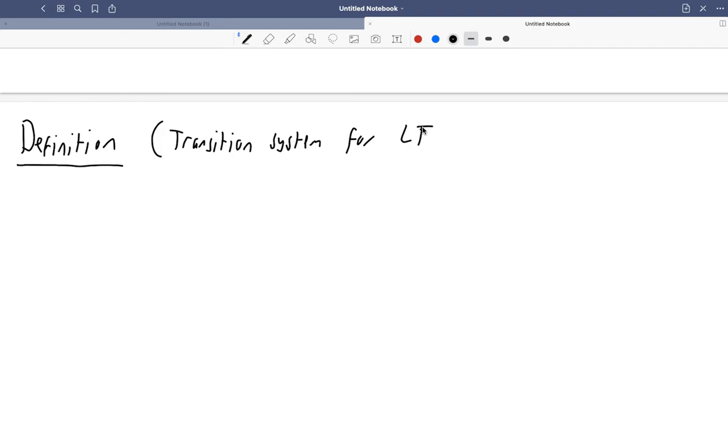And if one's looking at transition systems for some other purpose, then one may find slightly different definitions. Okay, so a transition system, we'll underline it because that's what we're defining.